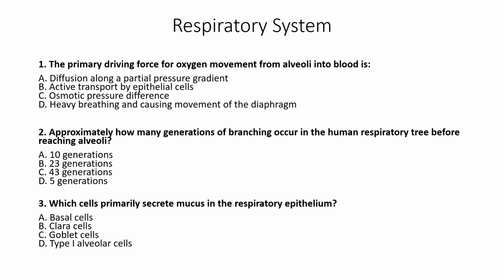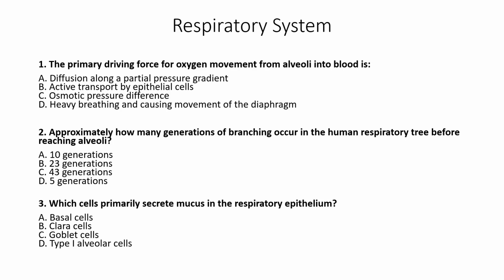And Clara cells, what did the Clara cells do? I'm forgetting. Hmm. I think the Clara cells are important for cleaning up, but let me just check that. I'll get back to you. But the answer here is option C, which is goblet cells.